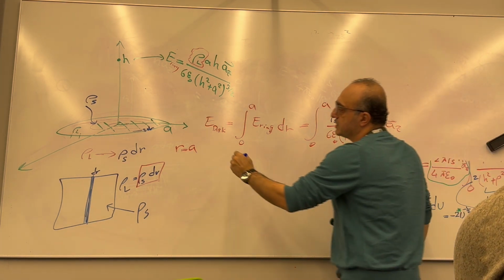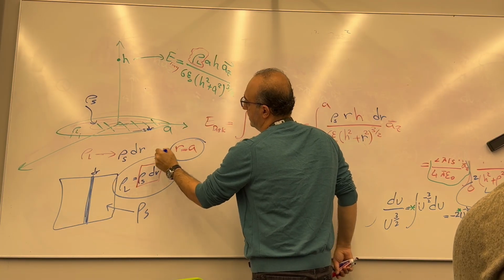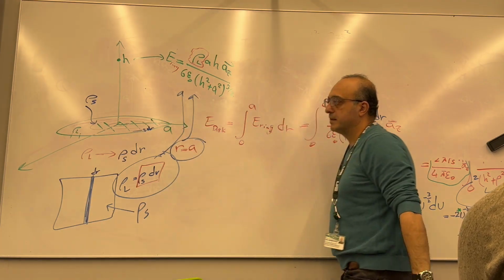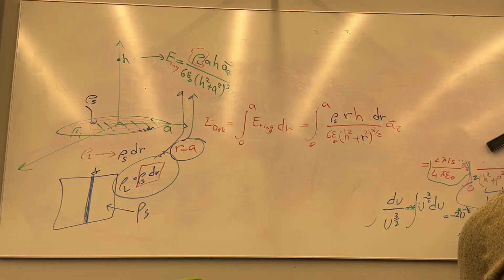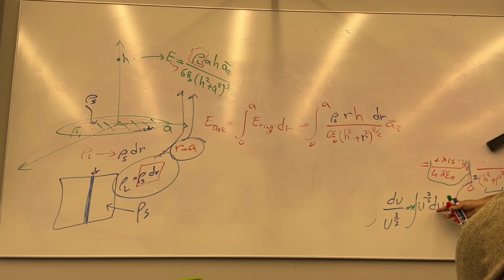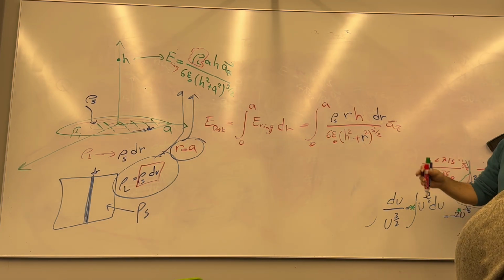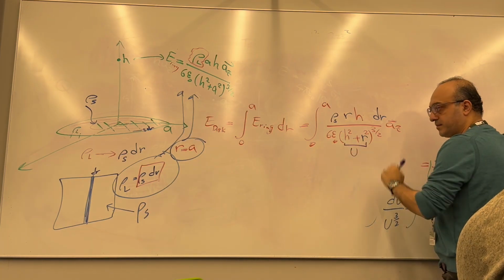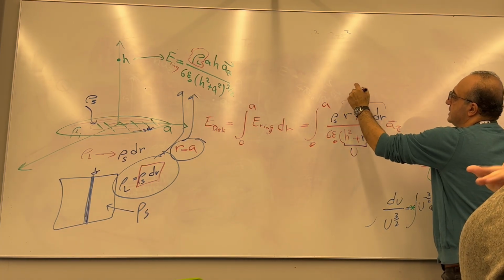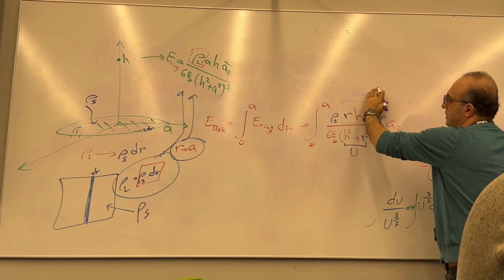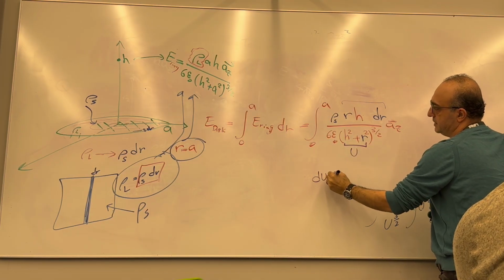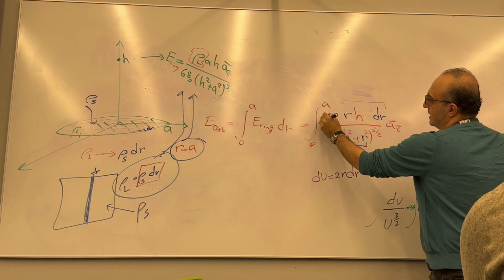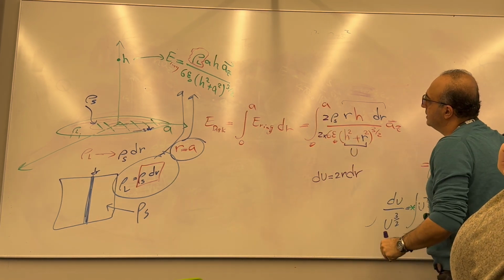So these two changes must happen to this. Then you have an integral. Again, this integral solution is similar to the u substitution, and the result is going to be the same, because you consider this one u, then du is going to be 2r dr. You add 2 here and 2 here.